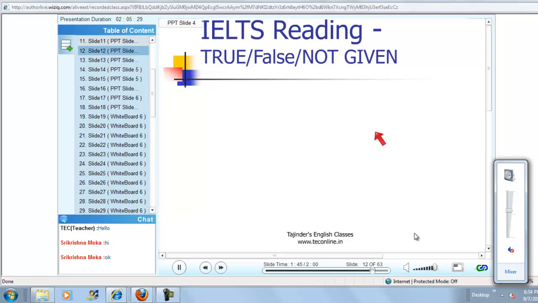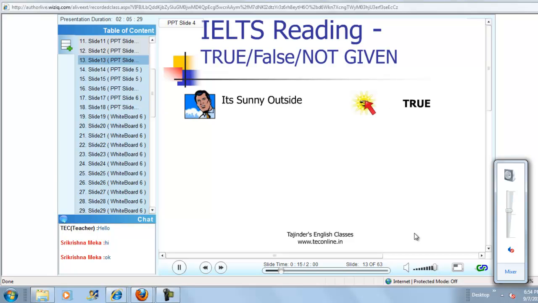Now let's begin with the true, false, not given kind of questions. Let's suppose we give a statement that it's sunny outside, and when we look out of the window it is really sunny. This means this particular statement is matching with our verification. You are able to verify what a person is saying. So if the statement matches my verification, the answer would be true.